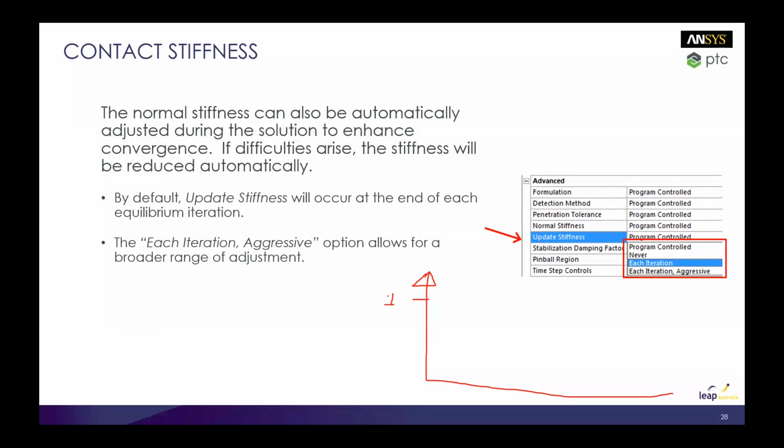It finds that there's difficulty in convergence, so it ramps it down to maybe 0.1. Then it might stay steady for the rest of the solution, but it can adjust this up and down based on convergence.